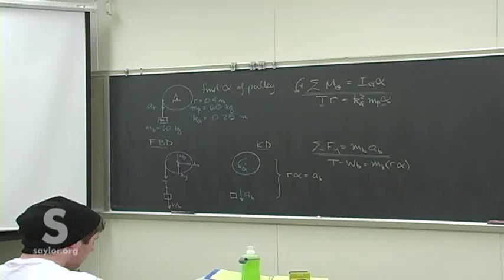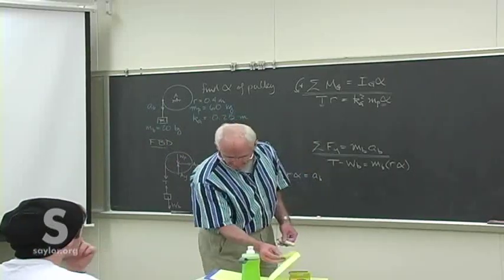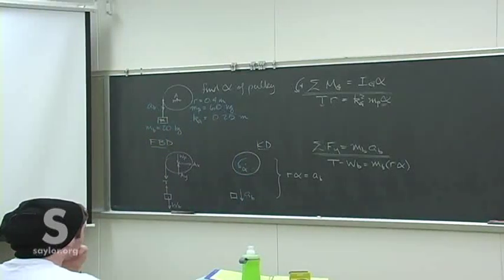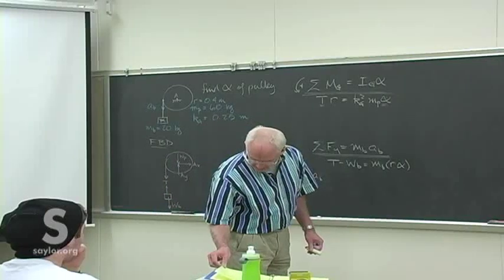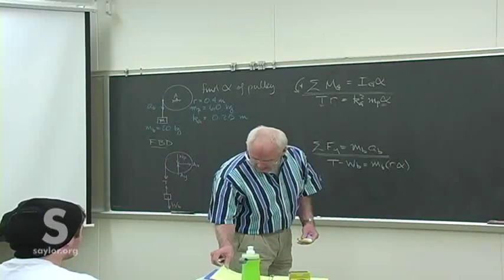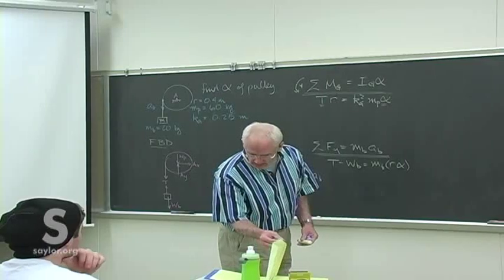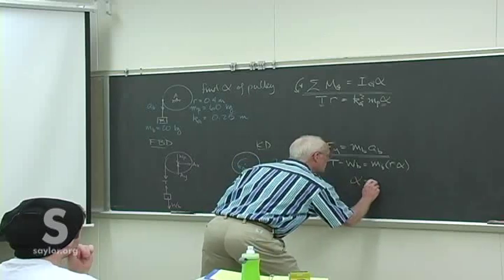So there's a second equation with just as many unknowns as before. So it's a matter of high school algebra to solve that, and you'll have to do that because I didn't write it down. Oh wait, there it is, 11.3 for the angular acceleration.